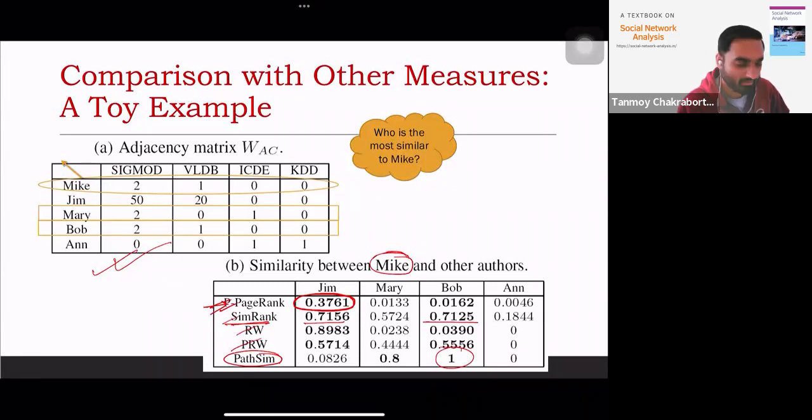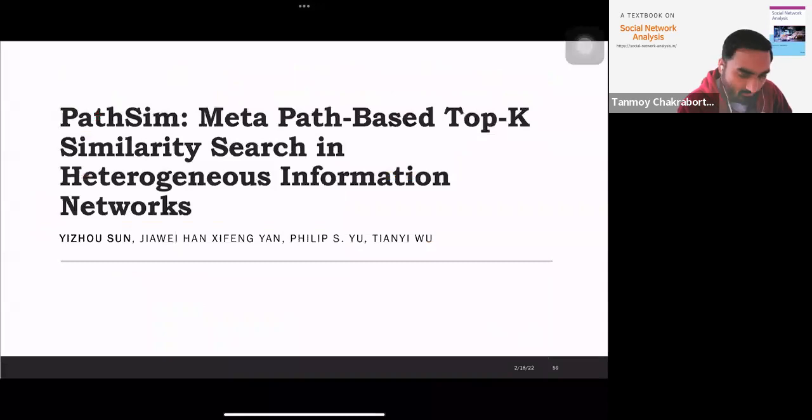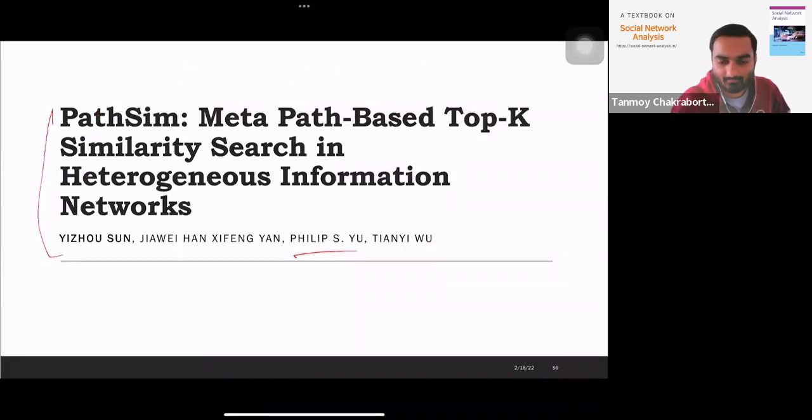Okay. In the book, a concrete example is given; please go through the example. If you are still confused with the ideas of PathSim, this is the paper that you should read. This is the famous paper by Philip Yu's group. So you can read this paper and get this clear. Okay, thank you very much.